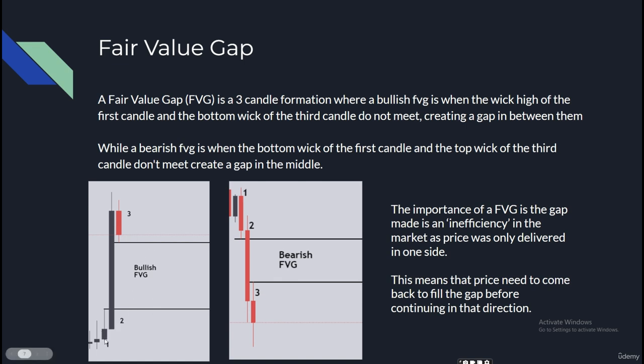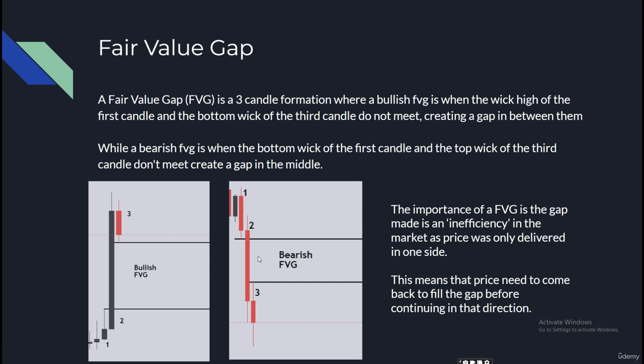So the wick high of the first candle is here. We'd mark it out with this black line, and the wick low of the third candle would be here, and we'd mark it out with this line. So all of this place here is our inefficiency. This is inefficient because market did not offer price to go lower, it just went in one direction.